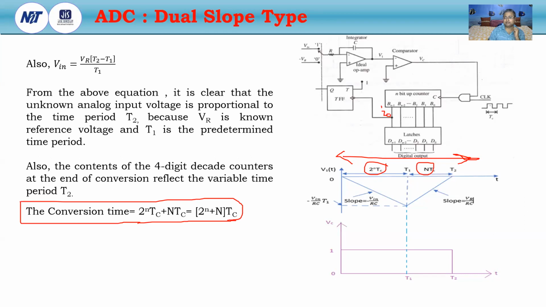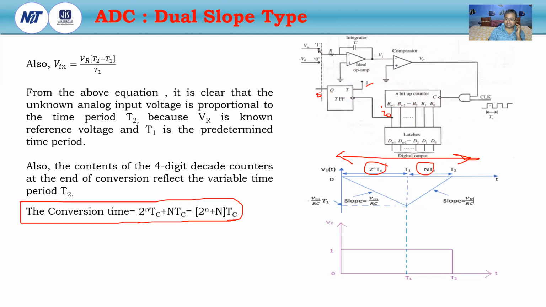Now, when the counter is all ones at the time of T1, it starts counting again from 0. It changes from 1 1 1 1 to 0 0 0 0. Due to this 1 to 0 transition, the T flip-flop changes state, so Q will be 0.